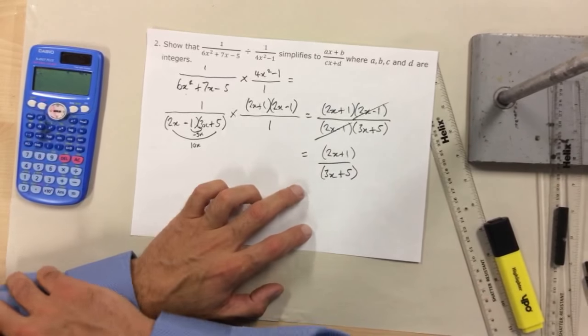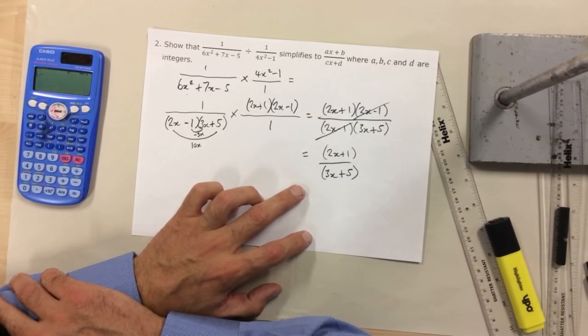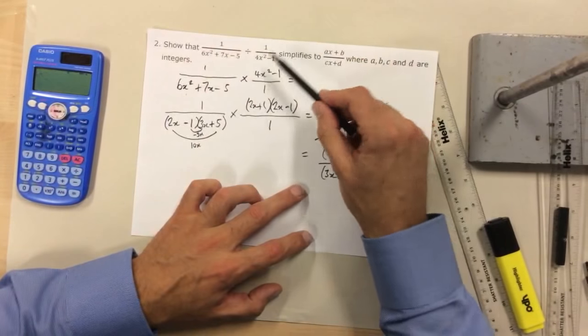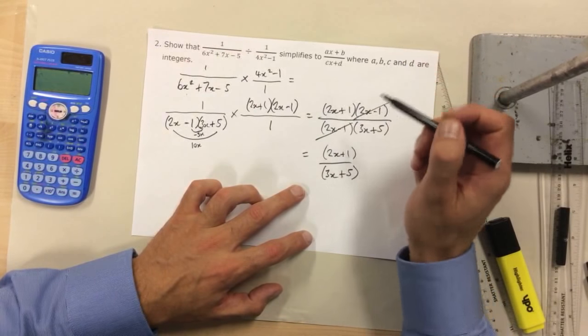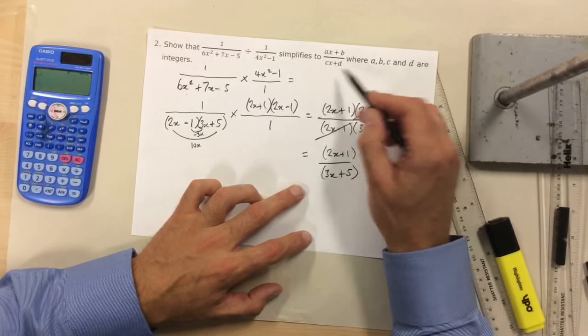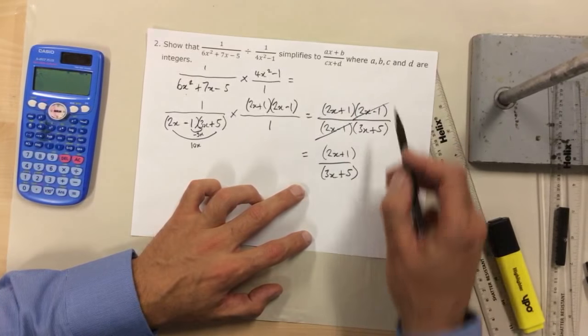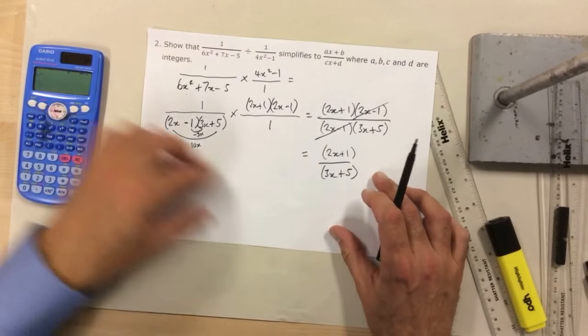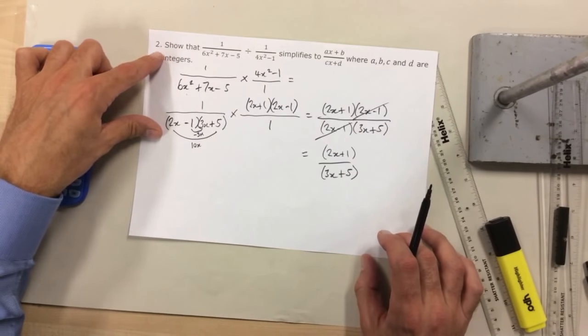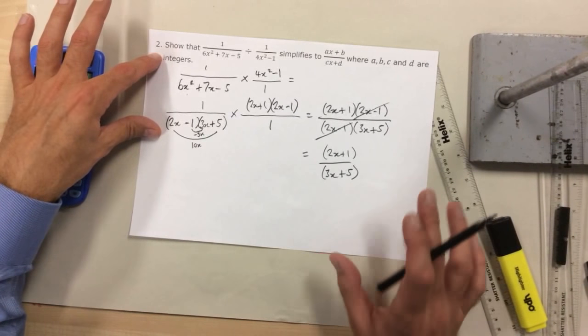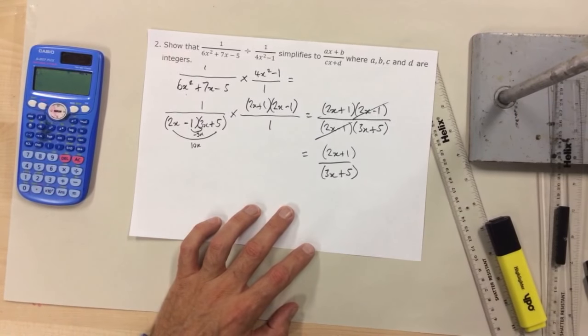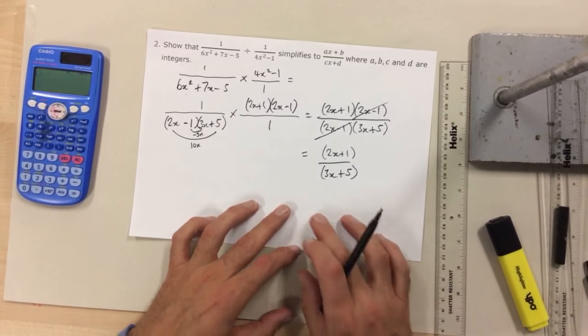A quick check at our question: show that this fraction divided by this fraction simplifies to ax plus b over cx plus d, and you can see that this matches the format that we've got here. A, B, C, D are integers. It doesn't ask me to state what A, B, C, D are, but I'm just checking that I didn't have to do that. Okay, so that one is completed.